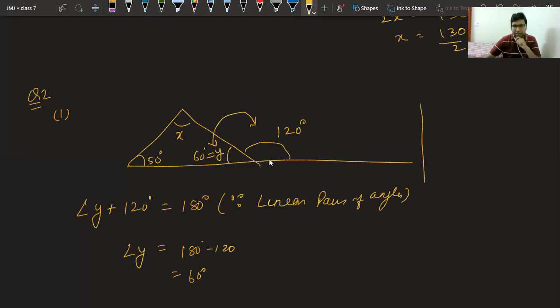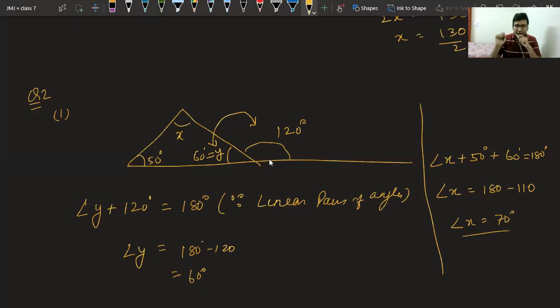By angle sum property, angle x plus 50 degree plus 60 degree is equal to 180, so x equals 180 minus 110, angle x equals 70 degree. You can find this angle x by exterior angle property also. You will get the same answer. Very good, Tushita, very good. 60 plus 50 plus x, then transpose.